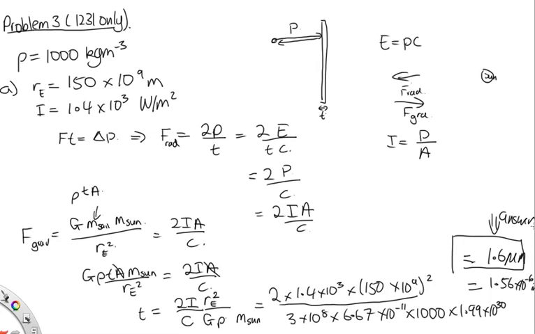Now in part B, it says, how does the answer depend on distance from the sun? Okay, so we've got a squared dependence up here, but we've also got a dependence on the intensity. And you should remember from Physics 1A that intensity drops off as 1 on the radius squared. So we've got an inverse R squared relationship in this I and an R squared relationship here.